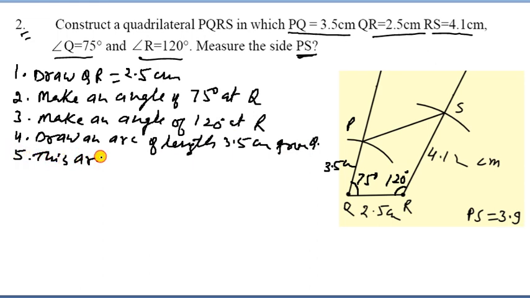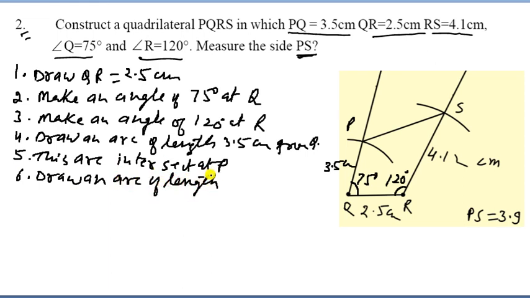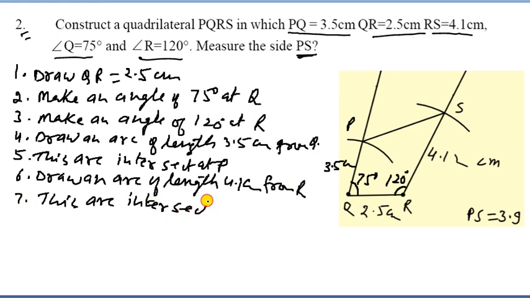Fifth, this arc intersects at P. Now seventh, draw an arc of length 4.1 centimeters from R. This arc intersects at S. Join PS.